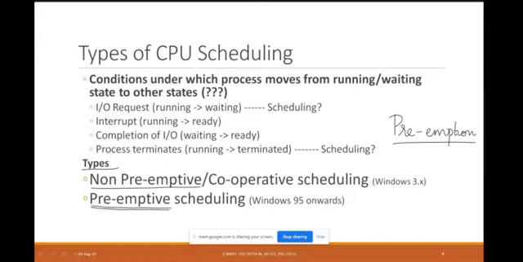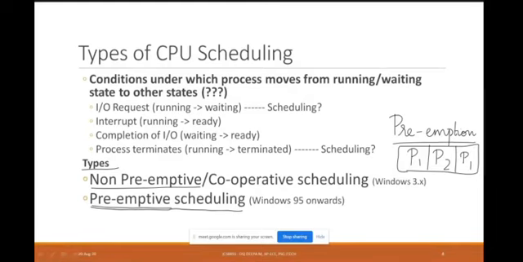Whatever you did previously will be stored, which means that any process can be interrupted in between several times in order to execute several other processes. That is called preemption. Once a process starts executing, another process can come and interrupt the running process. That is called preemptive scheduling.